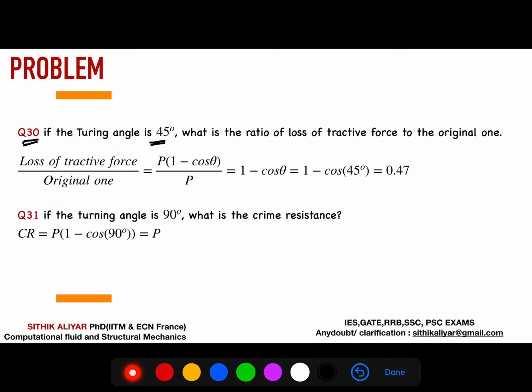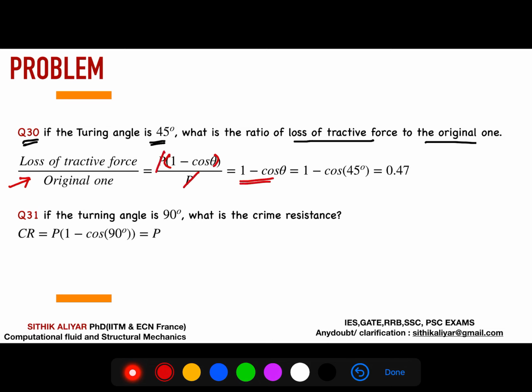Next question. If the turning angle is 45 degrees, what is the ratio of loss of tractive force to the original one? We know the loss of tractive force is P minus P cos theta. Taking P common, it is P into bracket 1 minus cos theta, divided by P, so P cancels.